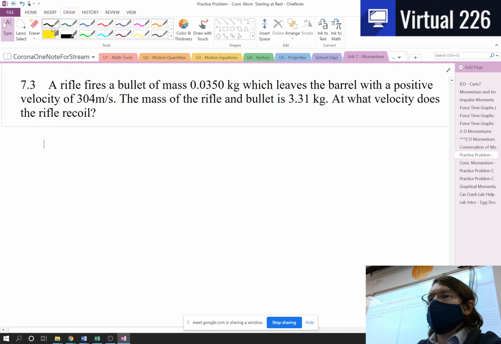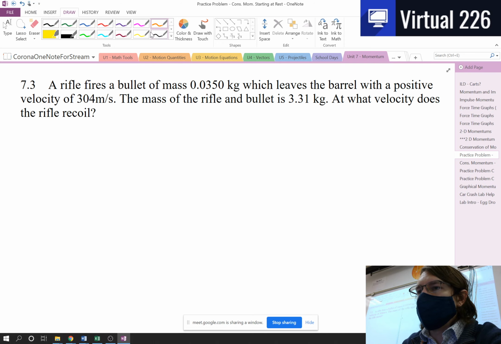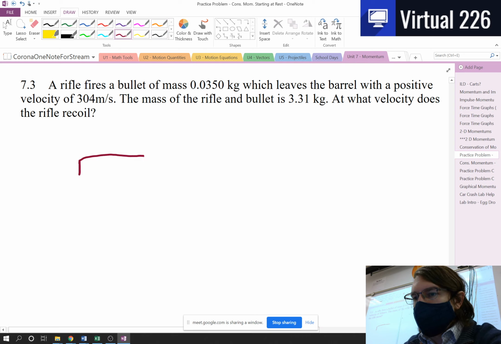Okay, so in this separation problem for the conservation of momentum, we have a rifle firing a bullet with a very small mass, just 0.035 kilograms, and this bullet leaves the barrel with a positive velocity of 304 meters per second. So let's draw a very poorly rendered firearm. We'll draw it like a pirate or something like that.